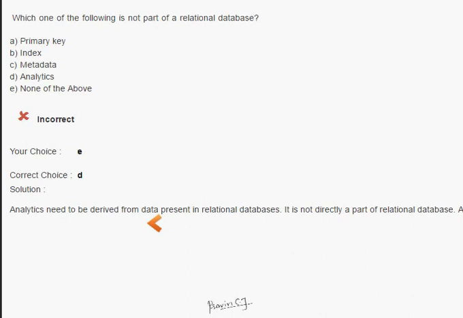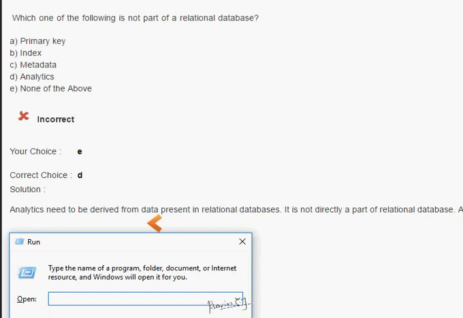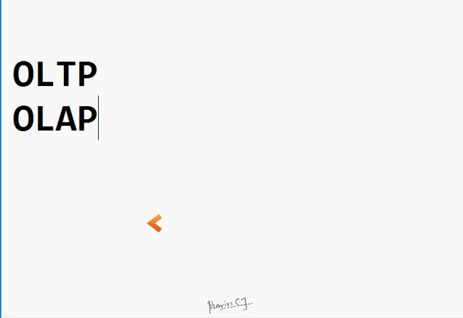Understand this thing. What is OLAP? What is OLTP? OLAP and OLTP are online analytical processing and online transaction processing. Both are different terms.